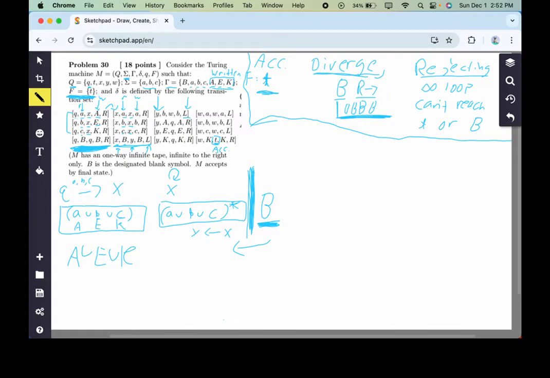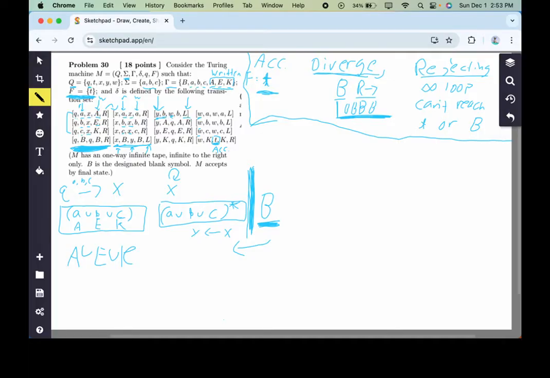Okay, now, quick little detour. What do I want to get to? I want to get to T over here. So how am I going to get to T? Well, I have to reach this state here to get me to W. W brings me to T. So I have a couple of cases here.